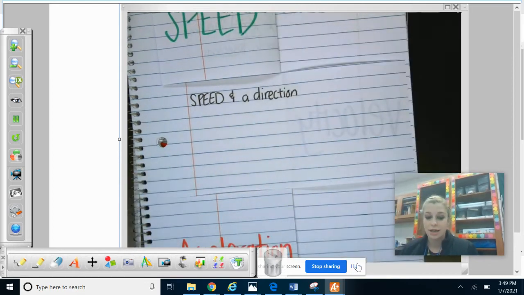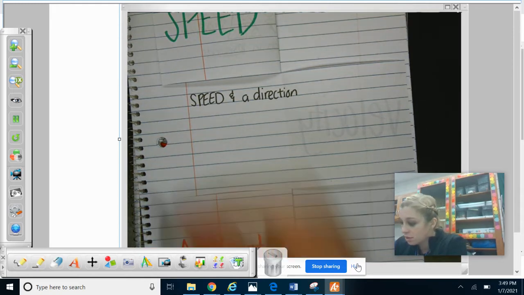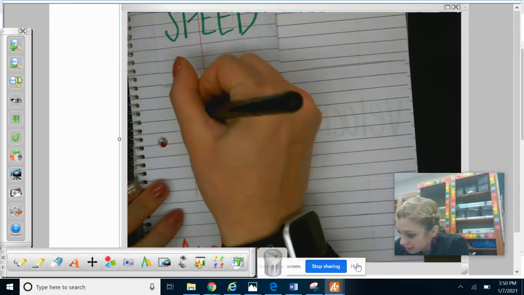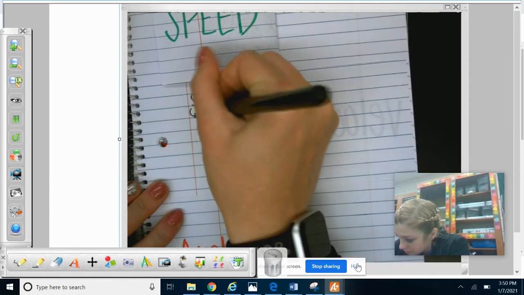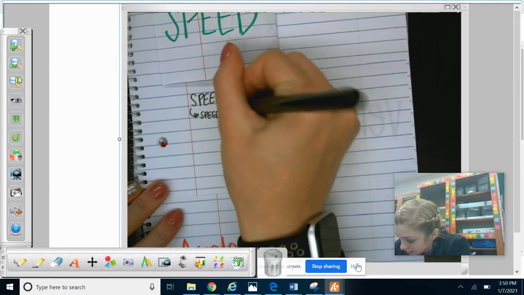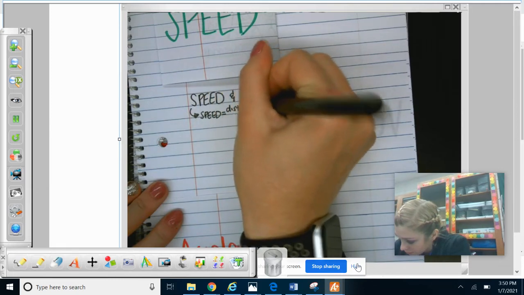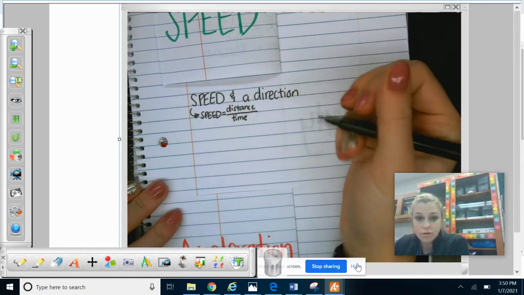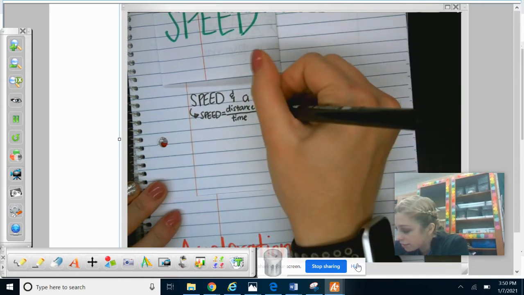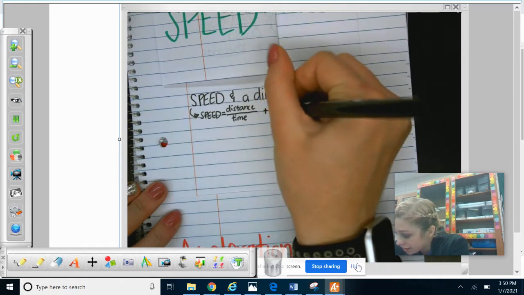How easy is that? It is just speed and a direction. We already said that speed is distance over time. But now we also have to make sure that we have a direction.